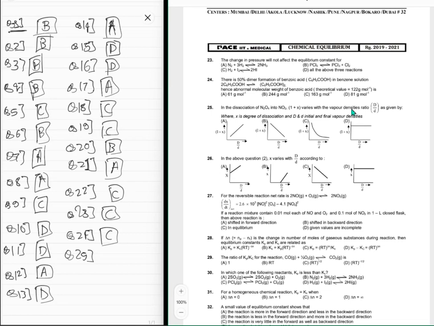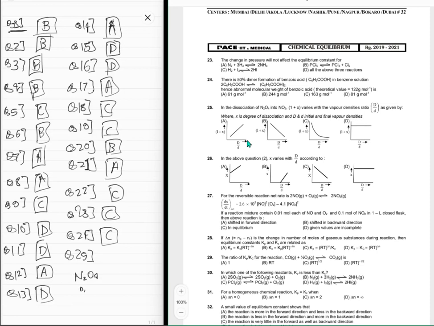So when you have 1 plus x, wait, what? 1 plus x varies with, okay, fine. So x is degree of dissociation, and we want how it varies with 1 plus x. Initially we have N2O4 at some number of moles, say n naught.